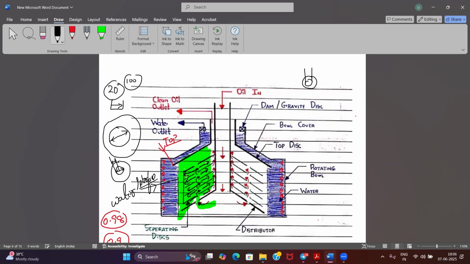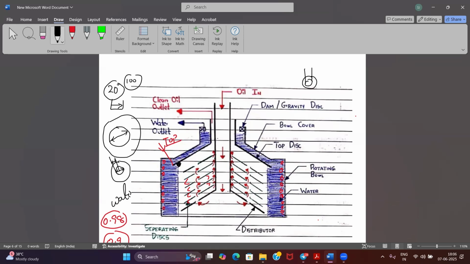I want my interface to always be inside my top disk, but outside my disk stack edges. Is it clear? You can see it in this diagram also. This is the point where my interface is. Agreed?